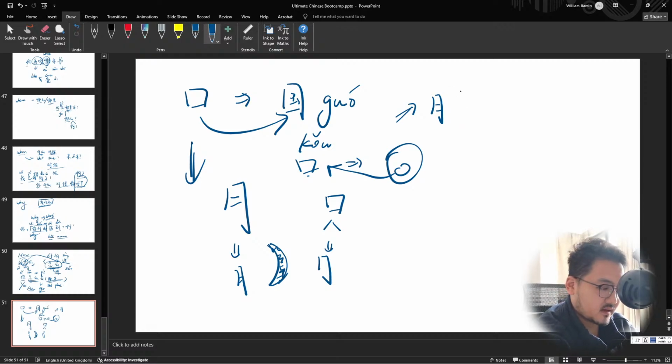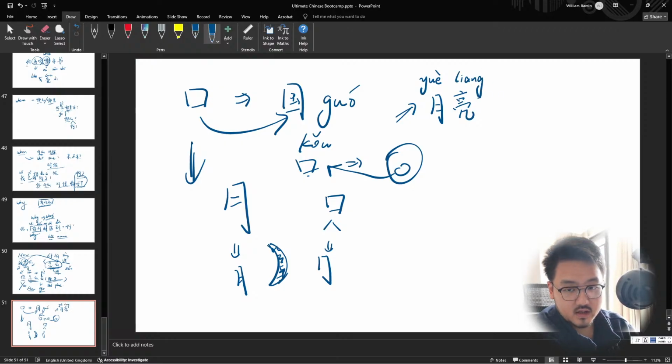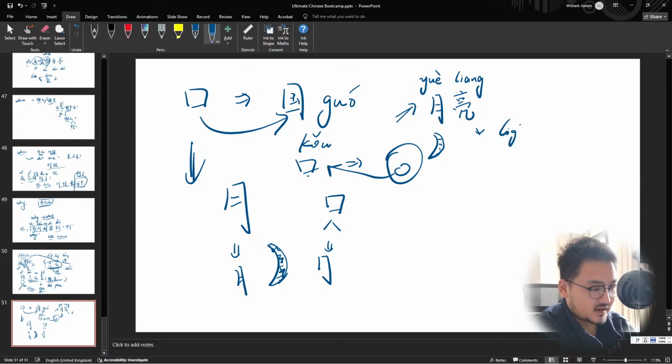So 月 and then 亮. 月亮, and this is no tongue at all. So 月亮 basically means the moon, and 亮 literally means the shining thing, like light.